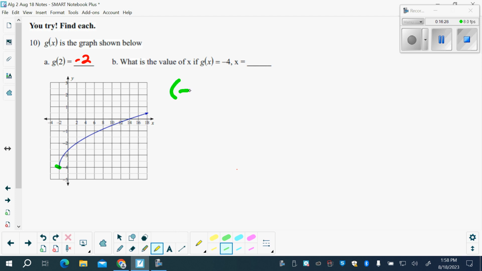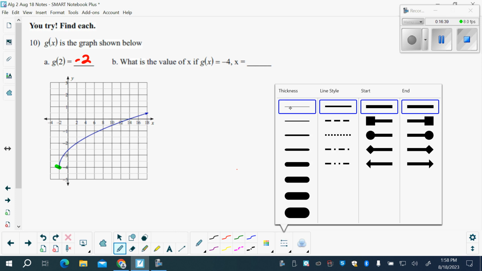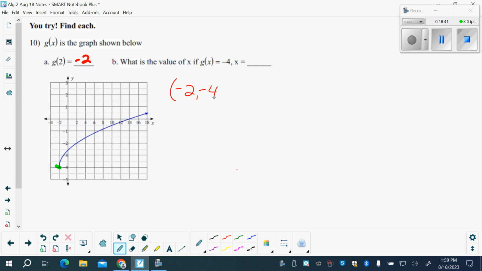So that point is -2, -4. Let me do a different color. So my x value is -2. Questions on that? Can I get somebody to pass out the worksheet, please?